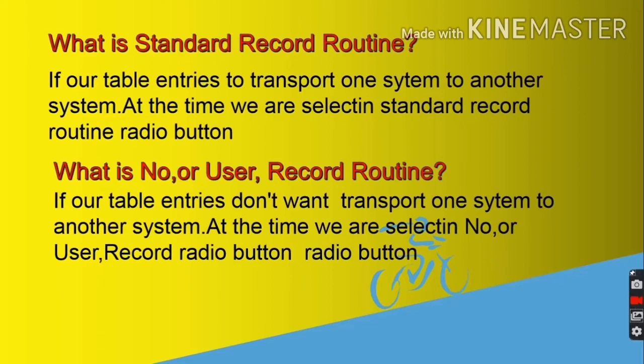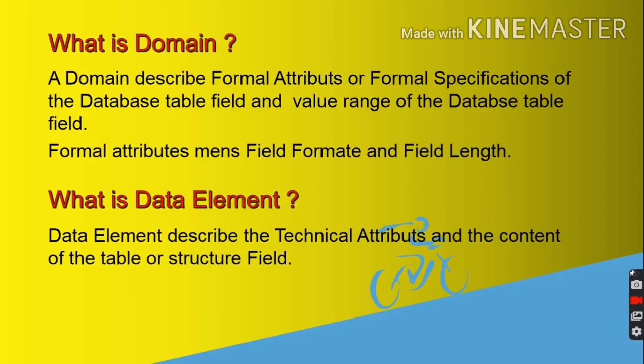Then let's move to the next question: what is a domain? A domain describes the formal attributes or formal specification of a database field, or the value range of the database field. Formal attributes means field length and field format.